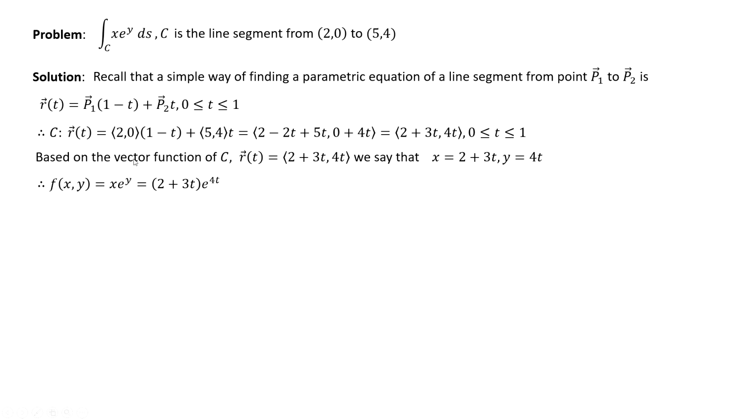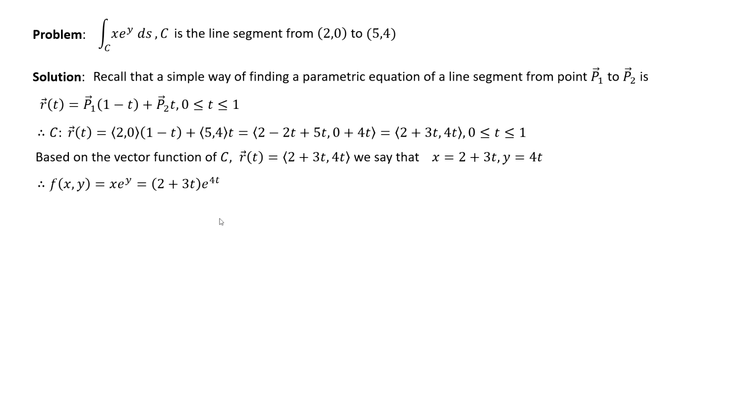Once you get the vector function, once you write the curve in parametric form, you know what x of t would be and y of t would be for that curve. And you substitute those x and y for your f of xy. Okay, it's almost like, if I say, hey, boys and girls, f of x is equal to x squared.